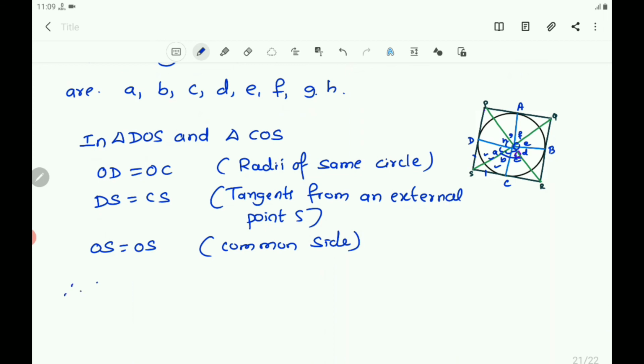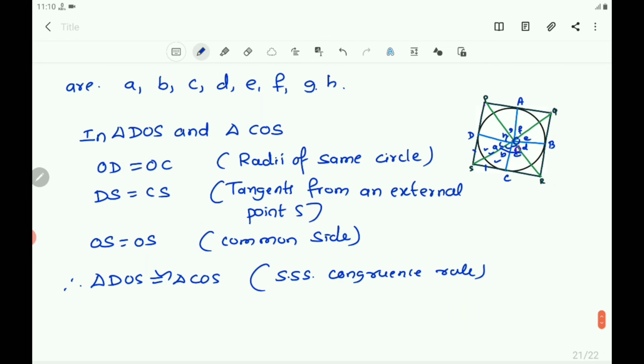Therefore, you write triangle DOS is congruent to triangle COS, according to which congruence rule? SSS congruence rule, side-side-side.